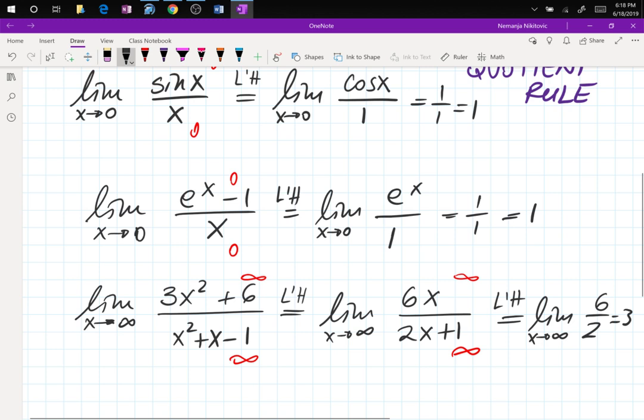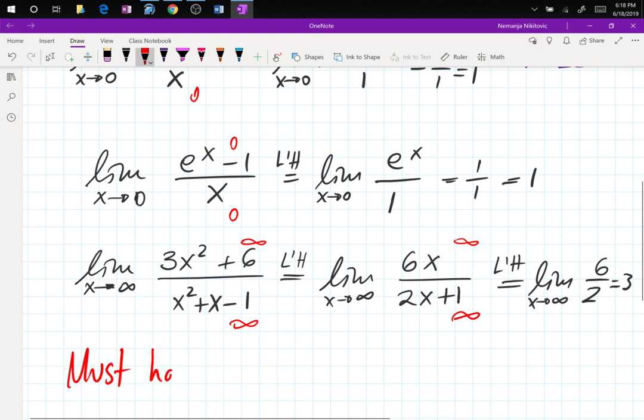So you must have 0 over 0 or infinity over infinity. Otherwise, the rule doesn't apply. Are we all agreeing on that? Let me write it in blood.